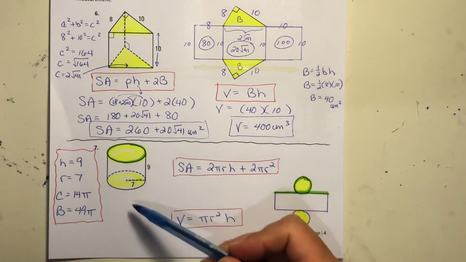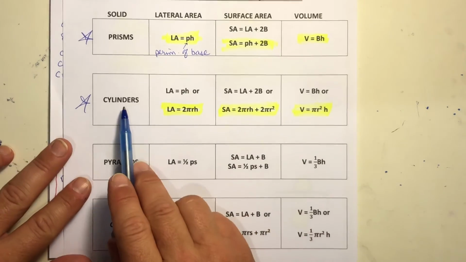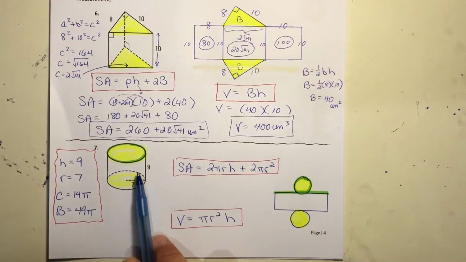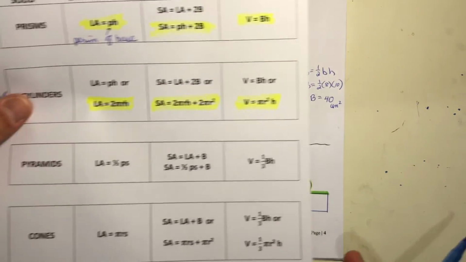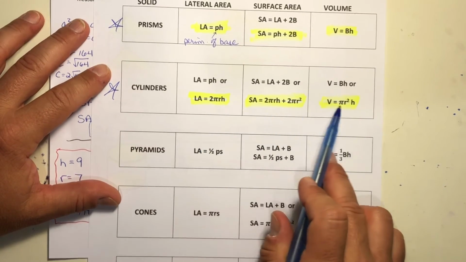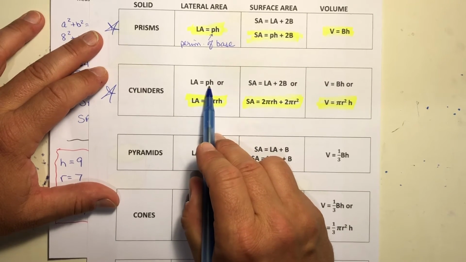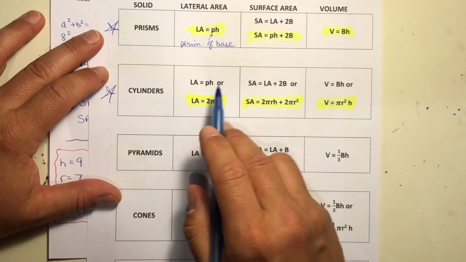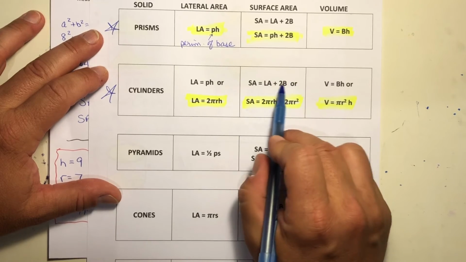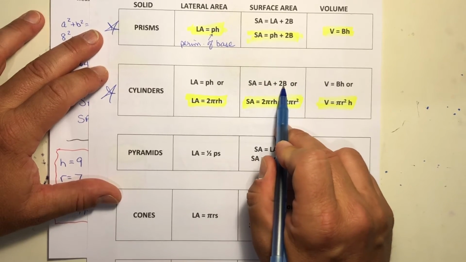Now, I'm going to come to my next example, which is question number 7. Now I come to my formula sheet, all right? Number 7 is a cylinder, right? The bases are circles. So things are round now. So now we know we're going to include pi. But guys, remember, the lateral area is still going to be the perimeter of the base times the height. The surface area, the area of all of the surfaces together, is going to be the lateral area plus the 2 bases.